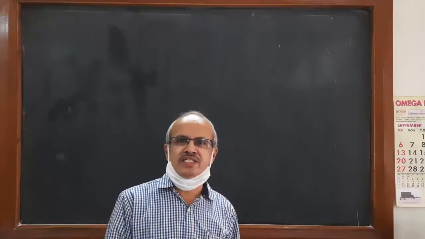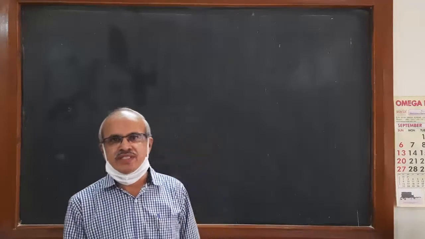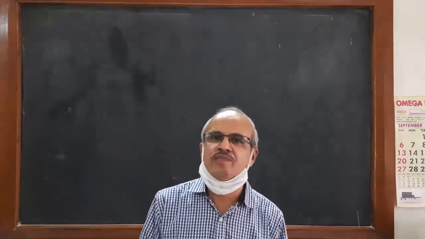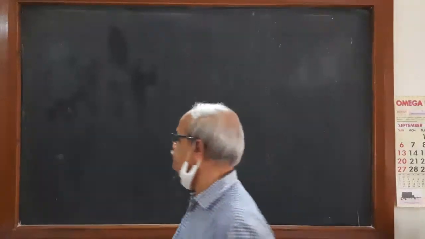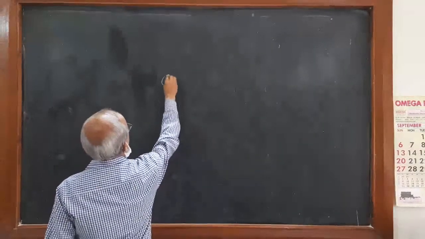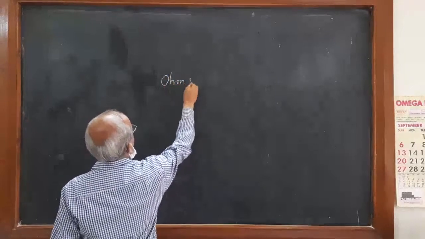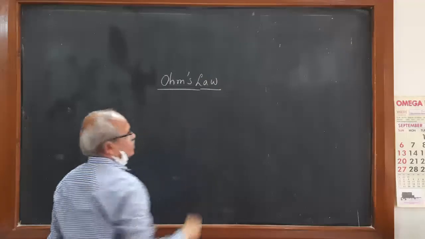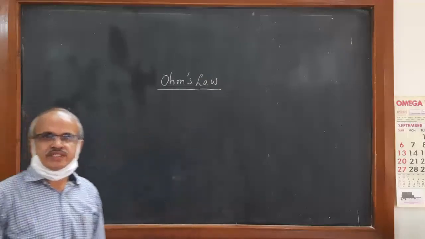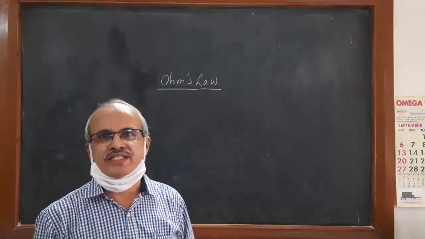That relationship between current and voltage was given by the fundamental law of current electricity. It is called Ohm's law. Now Ohm's law is the fundamental law of current electricity.